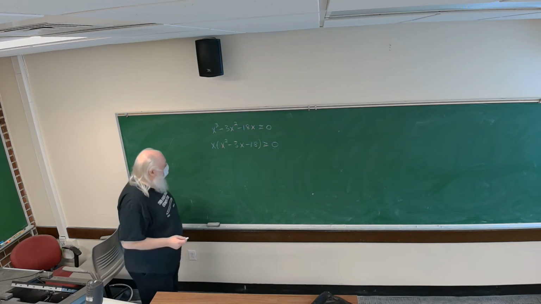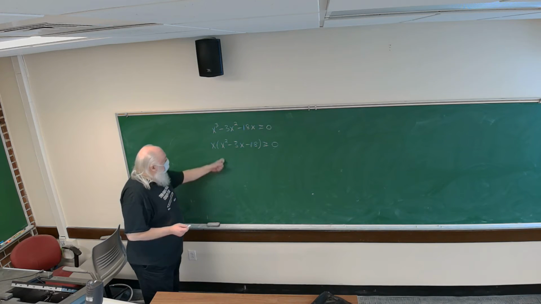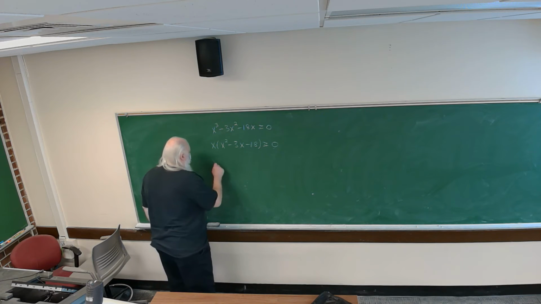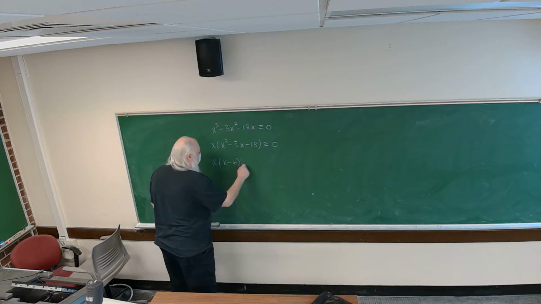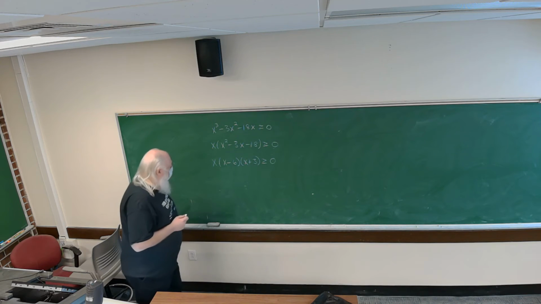Yeah, I got that, but then the answer was way different; it didn't make any sense with the solutions to this. Okay, so then this factors: x times x minus 6 times x plus 3 is greater than or equal to 0.